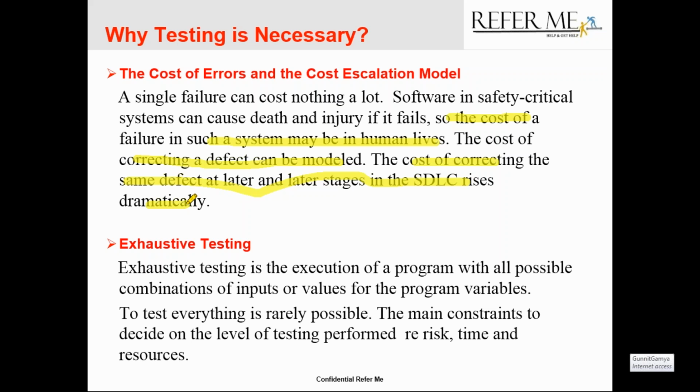There is aeronautical space, right? The rocket which goes to space. They calculate each and everything to a fraction of a second. Suppose there is some fault. So what will happen?